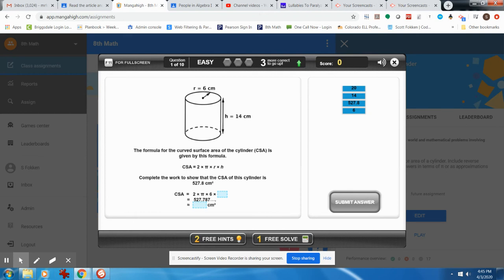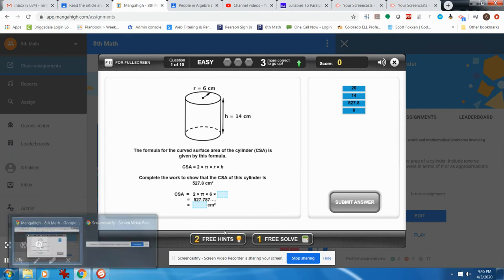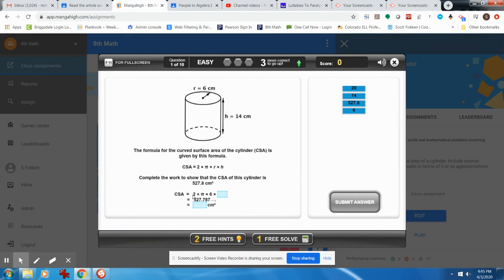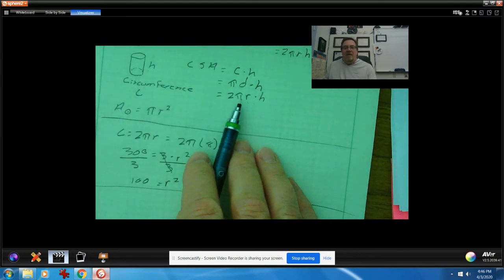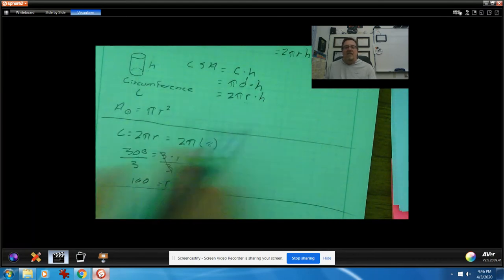Now, the curved surface area, as we've talked about before, is going to be 2 pi times the radius, which is 6, times the last thing. That's right. It was 2 pi times the radius times the height.